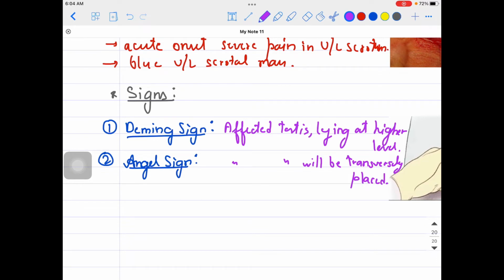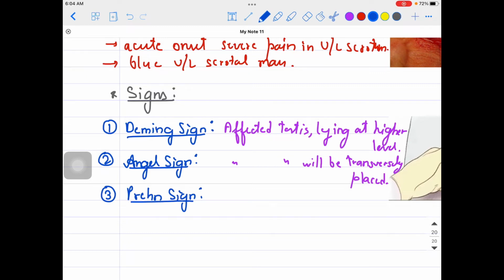Then one more sign is the Praying sign. What is this sign? If the patient comes and you try to lift the affected testis, the pain will increase if this is a case of testicular torsion.